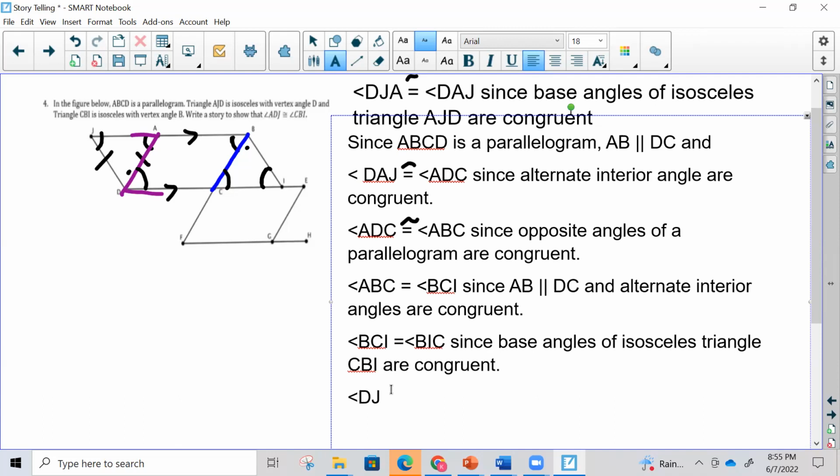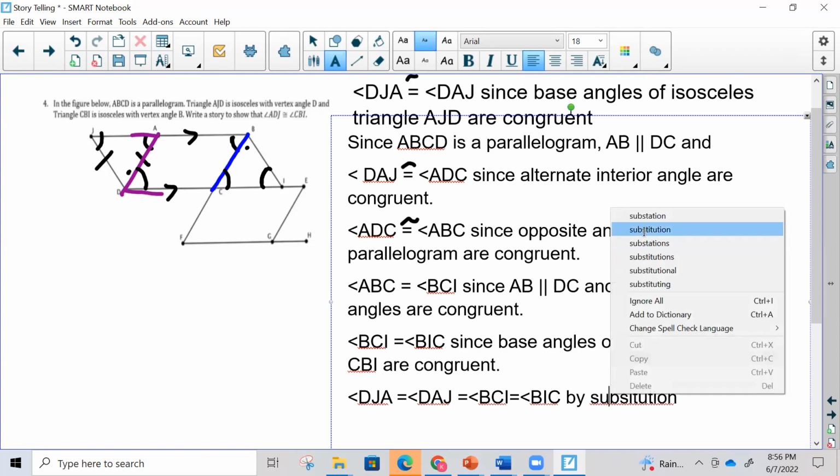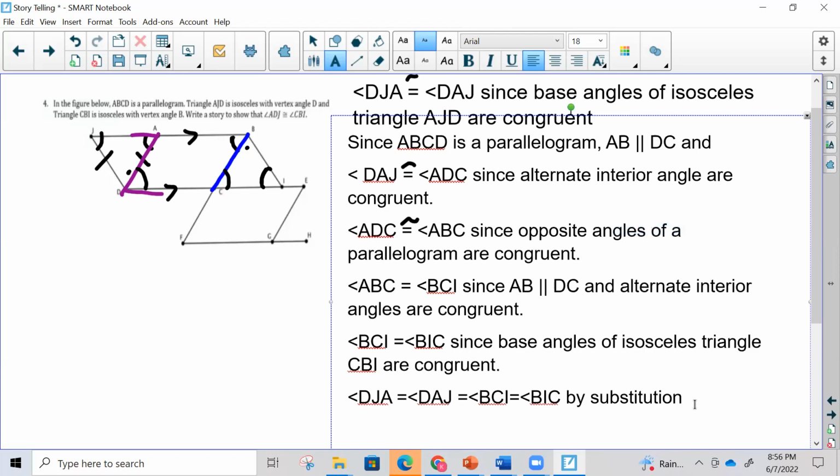So I'm going to state all of those are congruent. So angle DJA is equal to angle DAJ, which is equal to angle BCI, which is equal to angle BIC. So I'm just stating that these four angles are equal by substitution.